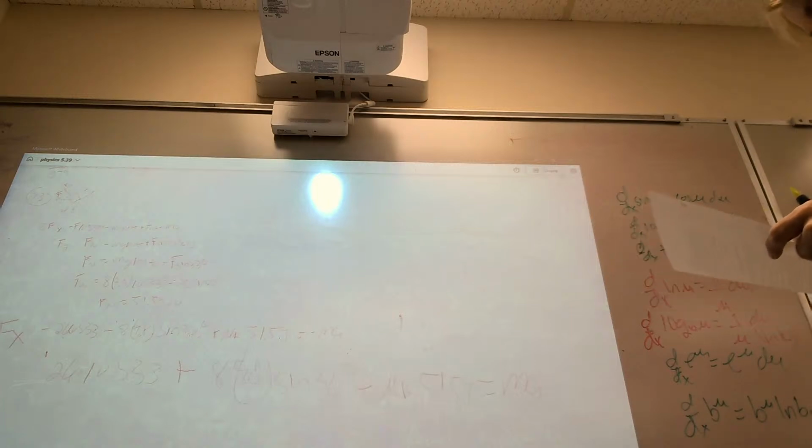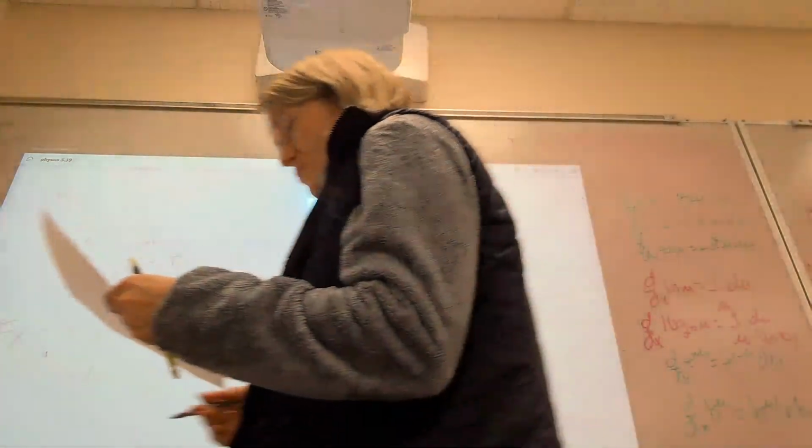Did you put in your mu k? Yeah. Times 51.59. And then did you divide by your mass? I did. You should get 6.129 meters per second squared.